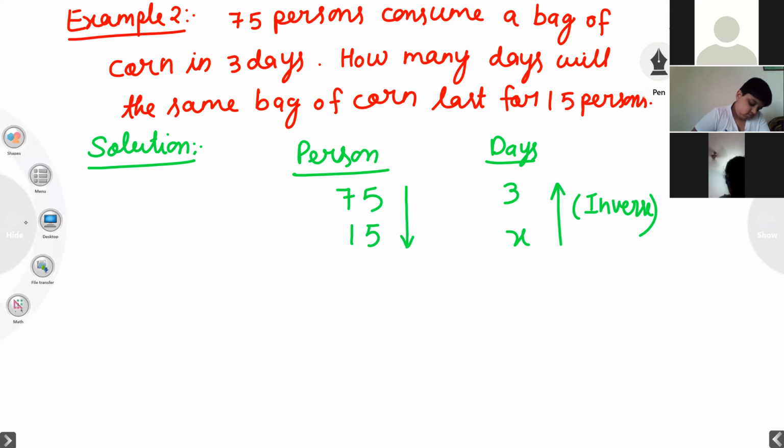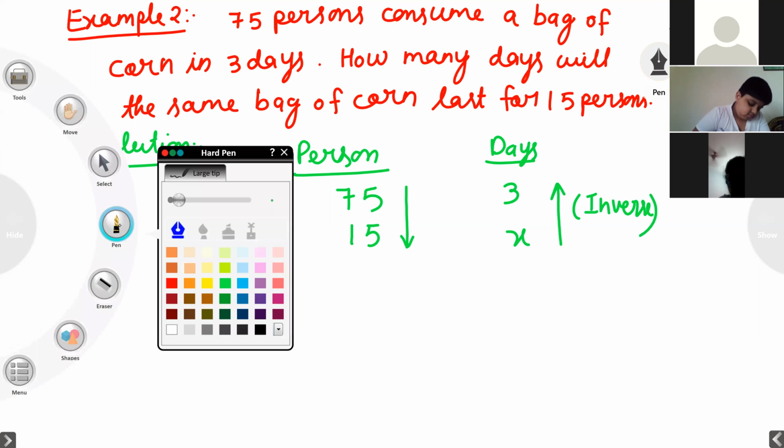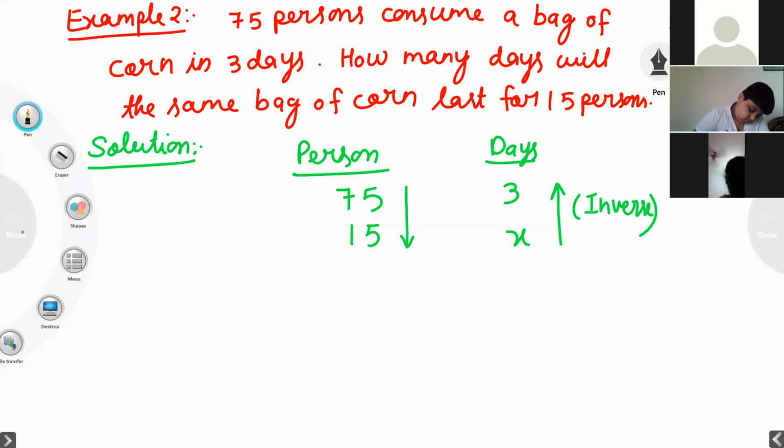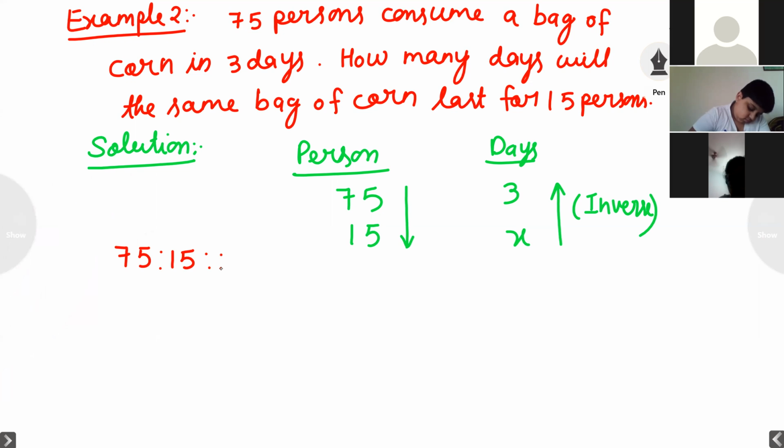Only one method: product of extremes is equal to product of means. Again, I am stressing: 75 is to 15 is the same as, not 3 is to x, but x is to 3. Here, students, 99% of students make the mistake. They write 3 is to x, but actually it is x is to 3.